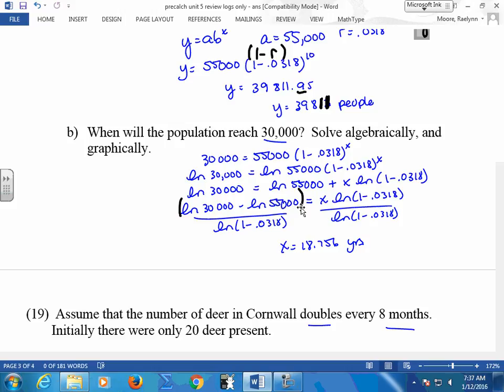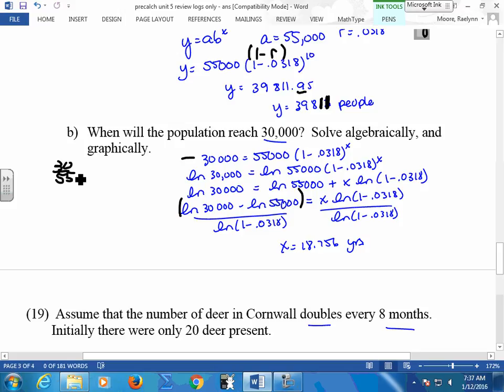And again, if you wanted to divide by 55,000 up here, you can just leave it reduced. You do it this way. You can figure this guy out right here. You don't even have to leave that hanging around. Take the ln of both sides or the log of both sides.